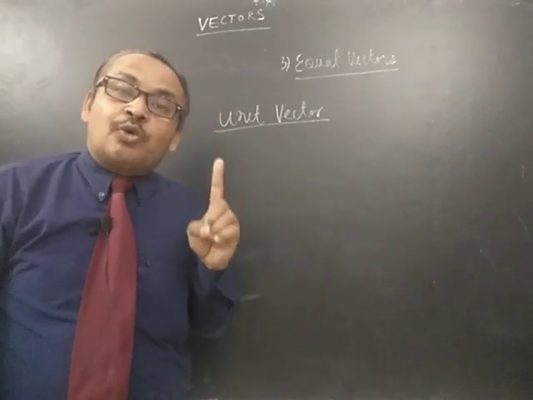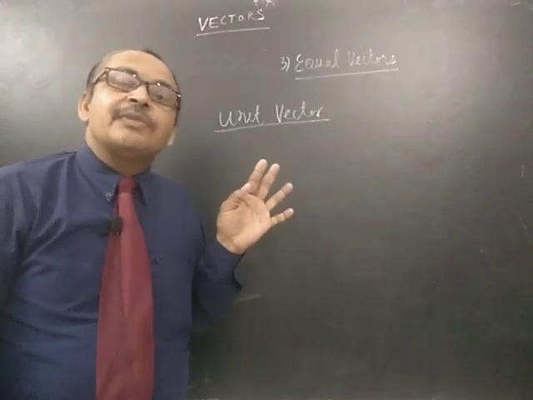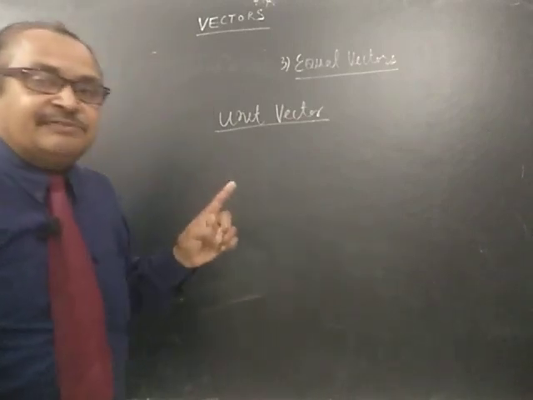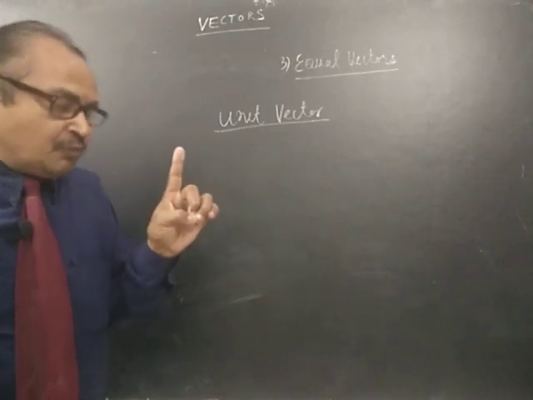Now the magnitude is done. What about the direction? Because it is a vector, it will have direction also. So I have just now told you the vector which has magnitude 1. But what about direction?